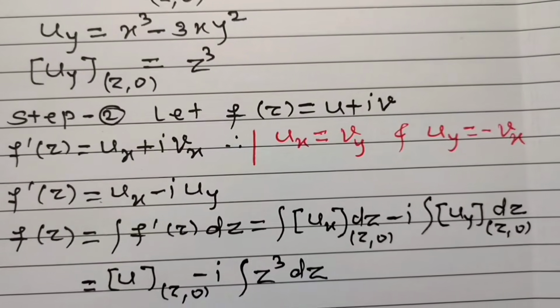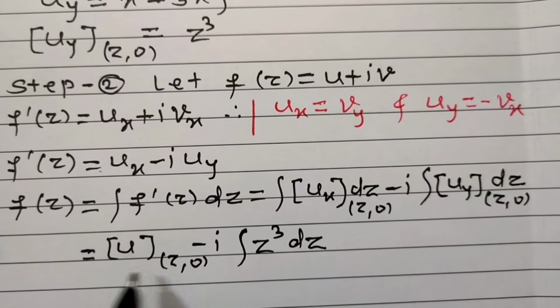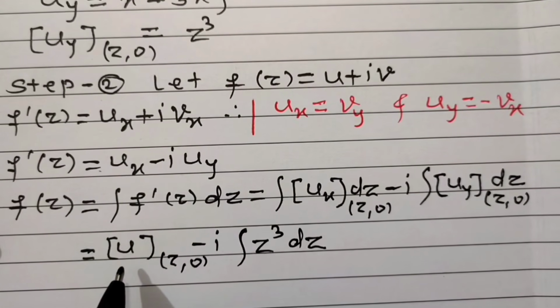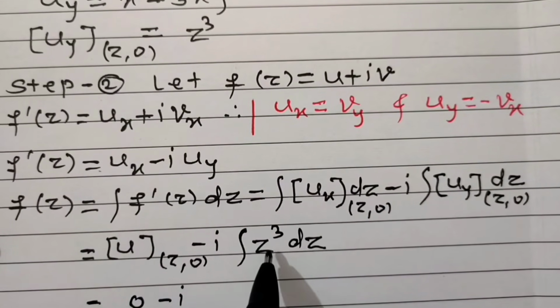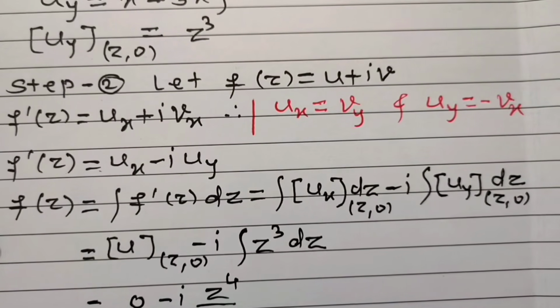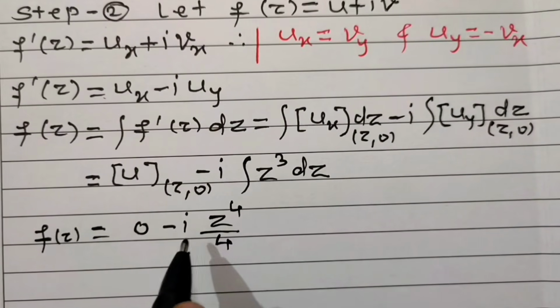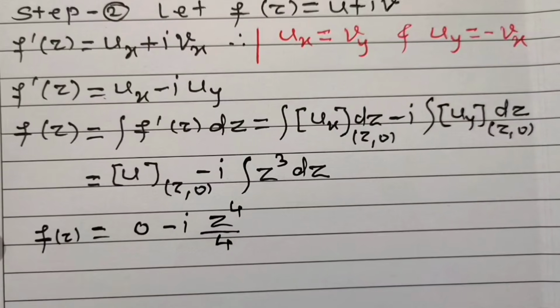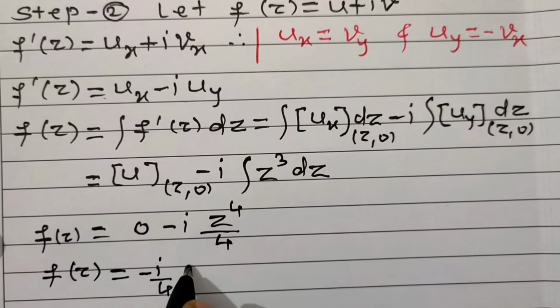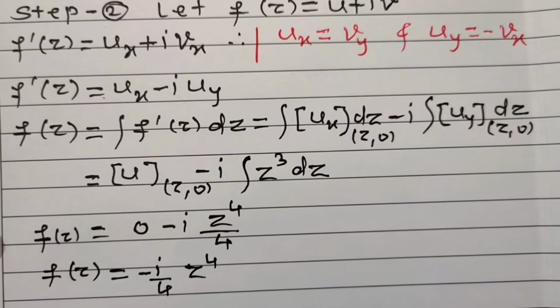Okay, now u at z comma 0, in step number 1 we have obtained the value of u at x is equal to z and y is equal to 0, which is 0, minus i z cube, its integral with respect to z is z to the power 4 upon 4. This is f of z. f of z is minus i into z to the power 4 upon 4. Hence f of z is equal to minus i upon 4 z to the power 4.